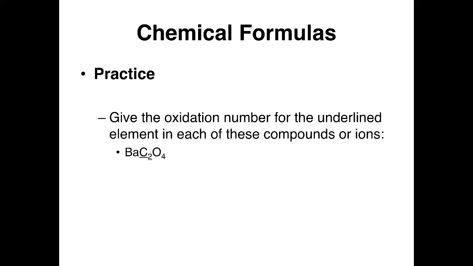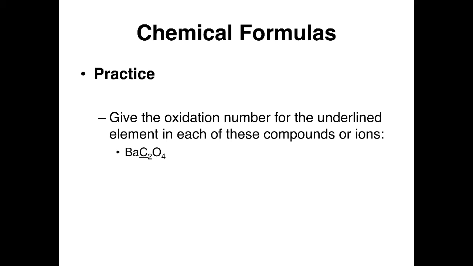Remember that the 2A element, barium, has a +2, and oxygen is almost always -2. From previous lectures, you'll remember that a compound like this, barium oxalate, has an overall oxidation state of 0. It's a compound, so the sum of all the oxidation numbers has to equal 0.